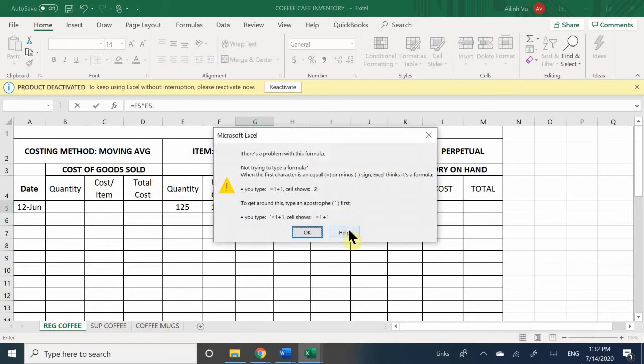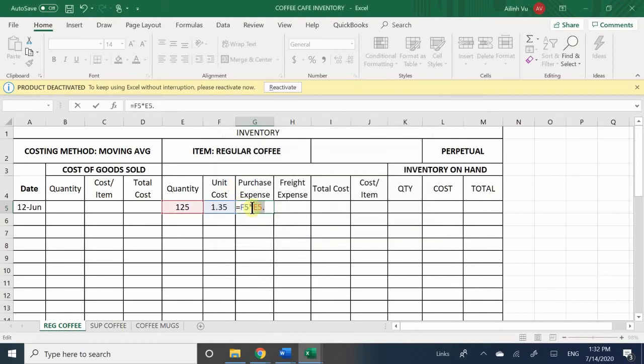Which should give you a grand total. We're going to multiply it to get a total of $168.75. That's all we know as of right now.